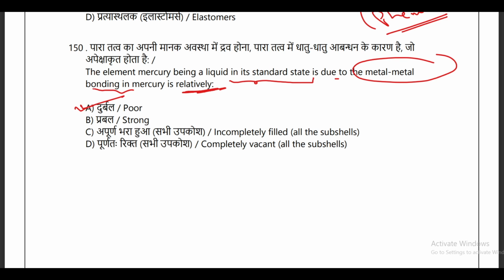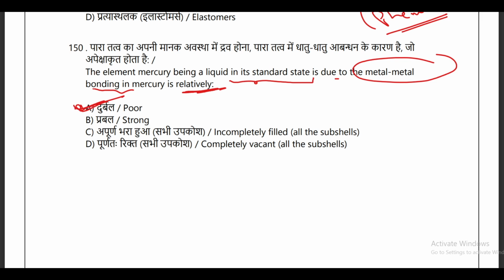This weak bonding is due to the relativistic effect on the electrons, which causes a reduction in the overlap of the atomic orbitals that form the metallic bond. As a result, mercury has a low melting point and remains liquid under standard conditions. Clear? So option A, poor bonding, is your correct answer.